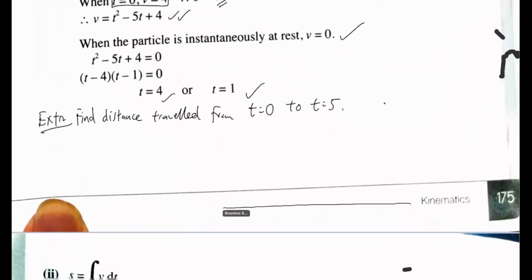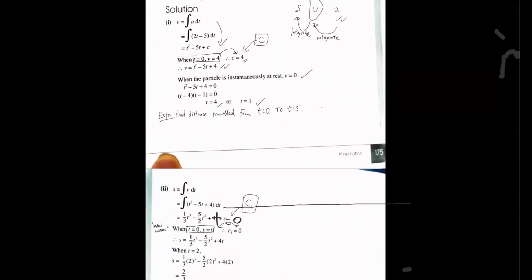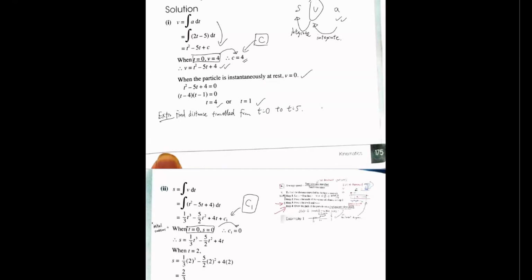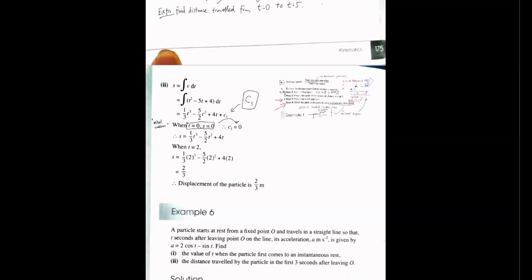Okay, so let's follow the procedure. Let me bring down the procedure again. Copy, scroll down, paste, and resize. Give me a second. You know what? I should just start a new page. Give me a second to add a new page. Maybe over here.